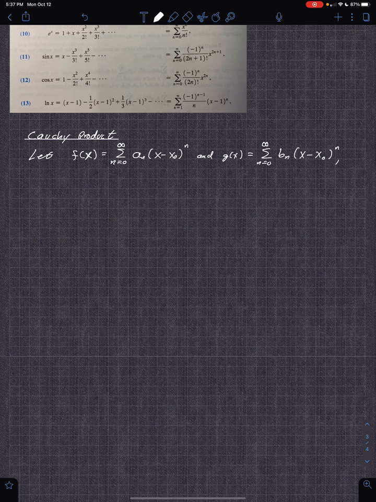Okay, and the radius of convergence basically has to be positive for both, so we'll just call them A and B. So both positive radius of convergence.